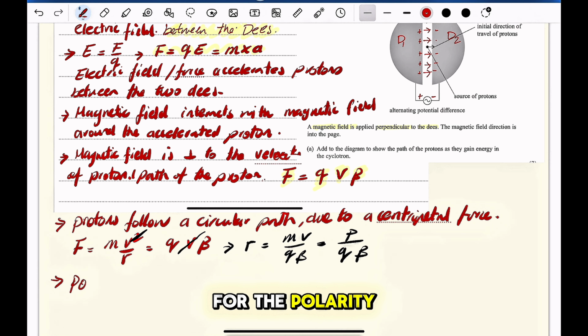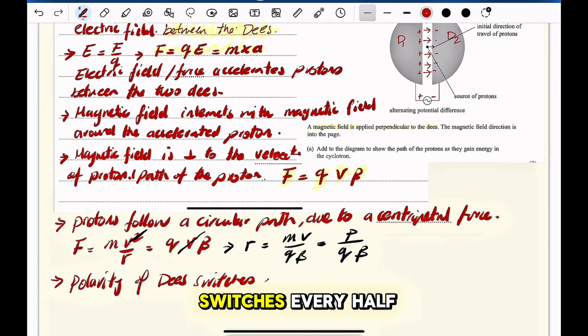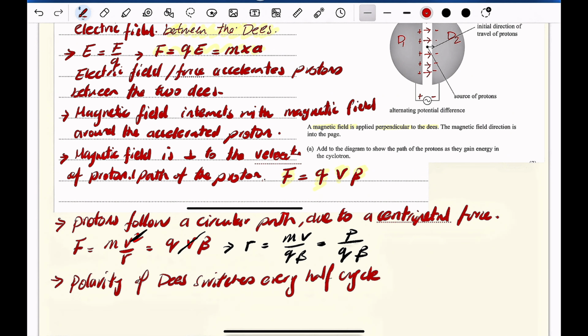For the polarity of the Ds, this one switches every half cycle. Remember that frequency is 1 over T, over the time.